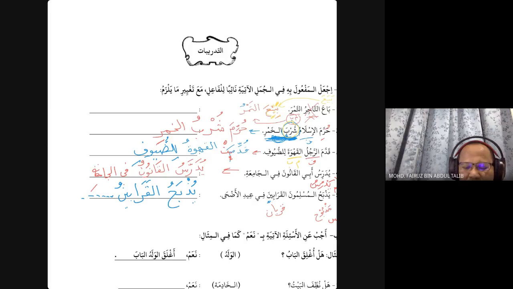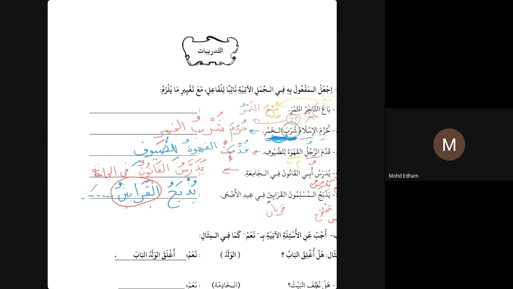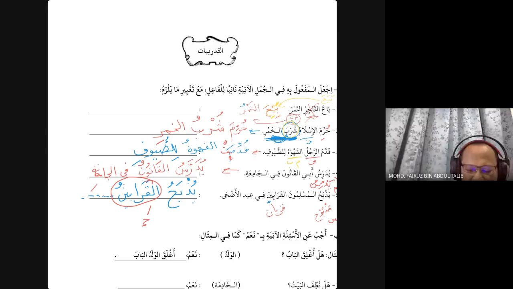But before we go to this verb, we need to look at this word again. This is jama and non-human, ghairu aqil. So how do we treat jama ghairu aqil? Do we consider the word as muzakkar or muannas? Muannas. Yes, correct.